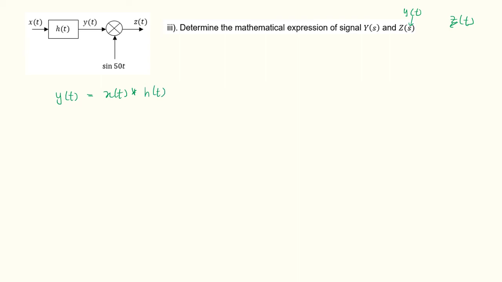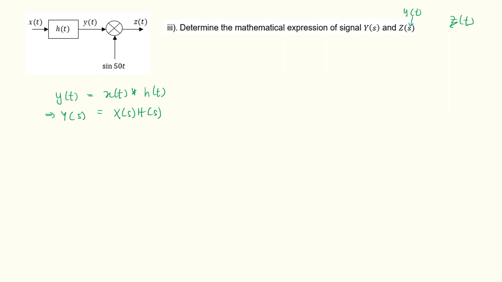Refer to the table. When there's convolution in the time domain, in the s domain it will be multiplication of both Xs and Hs. So Ys equal to Xs multiplied with Hs. What is your Xs? Xs is from question 1.